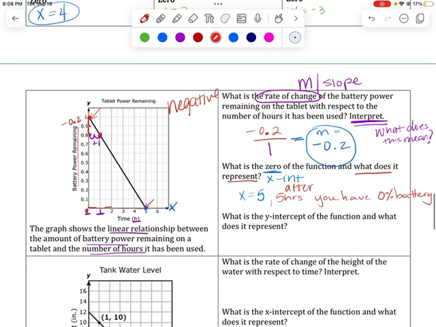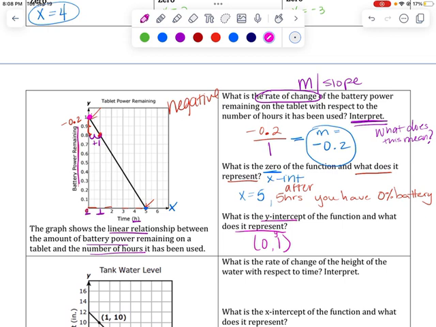All right, now what is the y-intercept and what does it represent? Okay, so my y-intercept is 1. So I can say y-intercept 0, 1, because that's the y. Okay, and anytime I'm at 1, what does that mean for my battery? Because that's really what the y is.